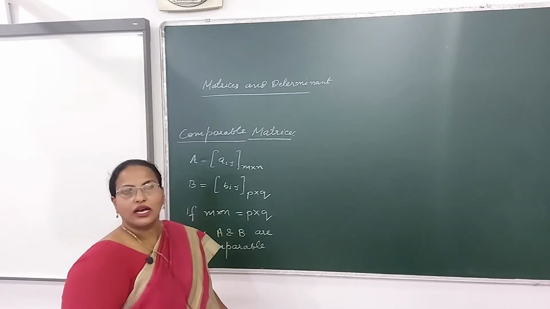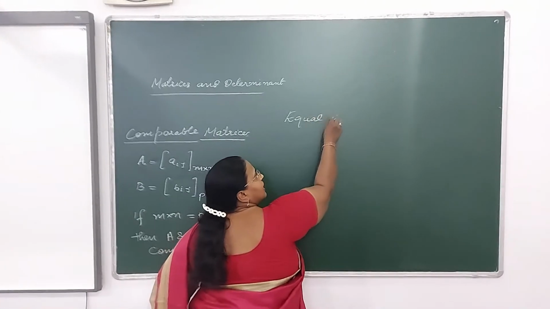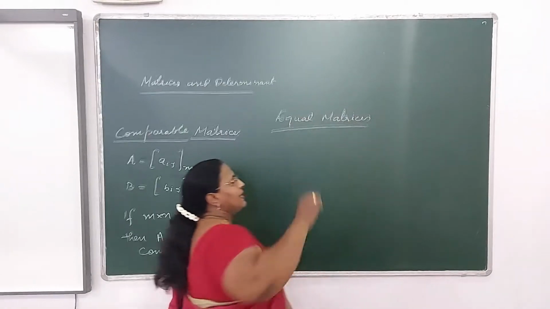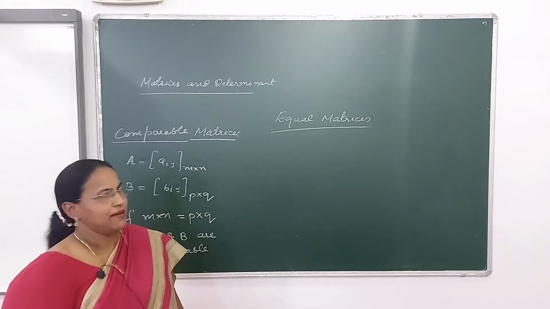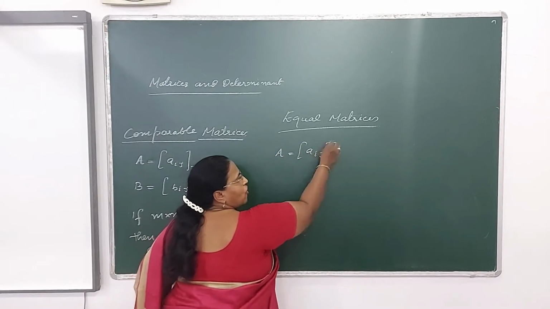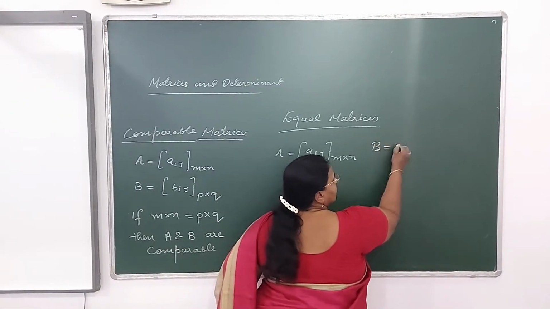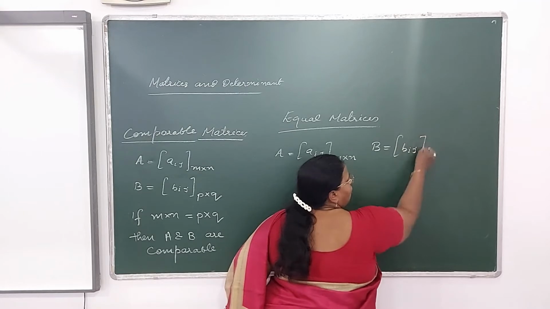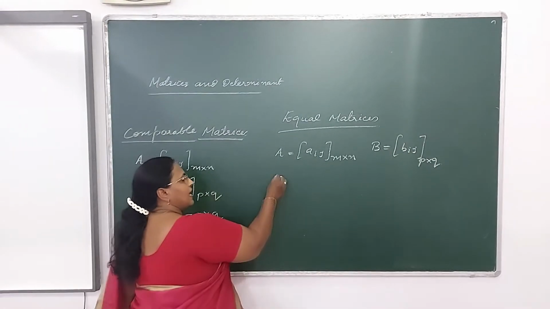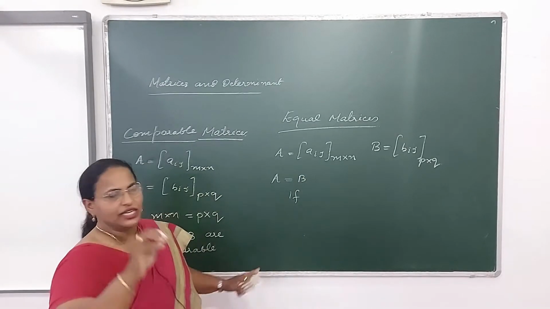Okay. Now the next one, the concept of equal matrices. This is very important because you will be getting questions based on this particular concept. Let A be a matrix Aij of order m by n and B be another matrix Bij of order p by q. Two matrices are said to be equal, that means A will be equal to B, if they obey two conditions.